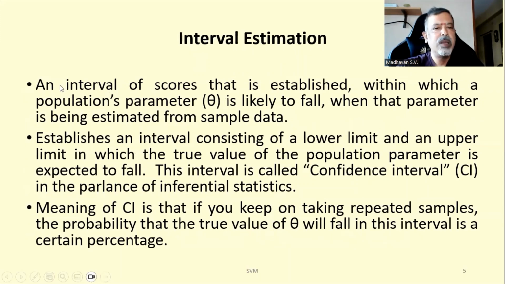Interval estimation. An interval of scores is established, rather than arriving at one particular value as an estimate for a population parameter. Here we find a lower and upper limit, and then we say that the population parameter lies between these two values. This is an interval within which the population parameter, theta, is likely to fall, where the lower and upper limits are found from the sample data.